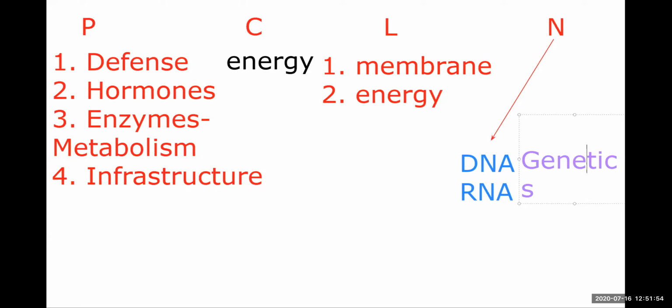Now, in humans, our genetic material is DNA that is present in our chromosomes. There are many organisms, particularly viruses, that have RNA as their genetic material. And some of those viruses are HIV and, let's say, COVID-19. They all have RNA as genetic material.